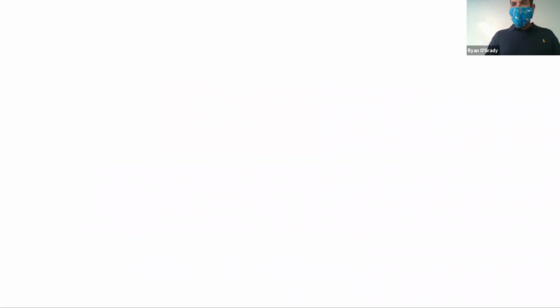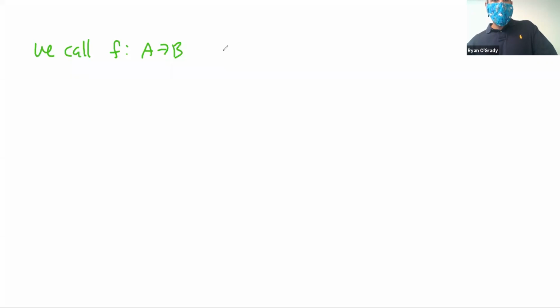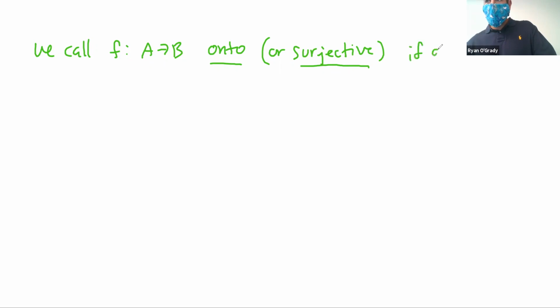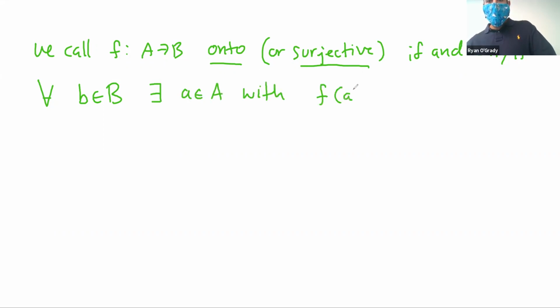All right, here's another term. So we call f from, say, A to B onto, or surjective, if and only if for all lowercase b in the codomain, there exists a number little a in the domain with f of a equals b.